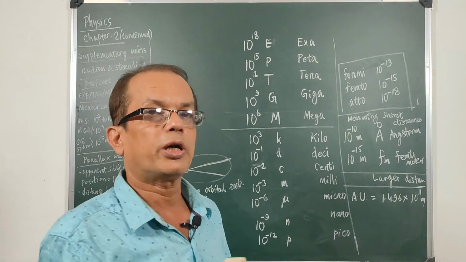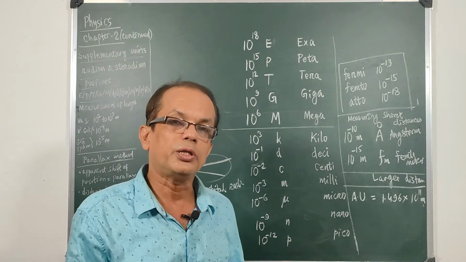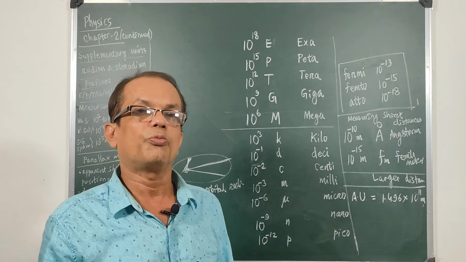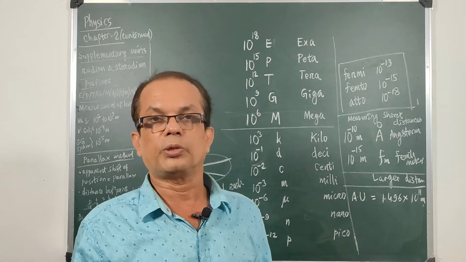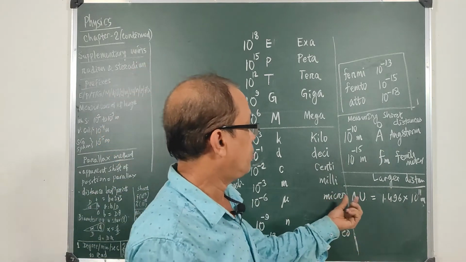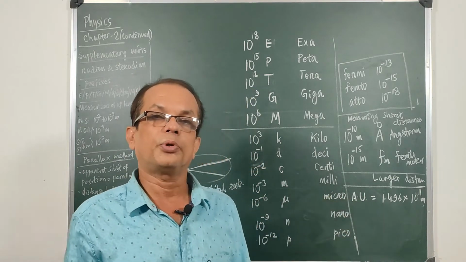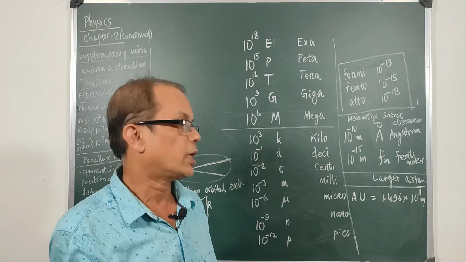This is the astronomical unit. Generally the mean distance between the earth and the sun is taken as a unit. If we go for Alpha Centauri or Proxima Centauri, then the distance can be measured in terms of astronomical units. We are not using a measuring tape for measuring the distance between two stars.